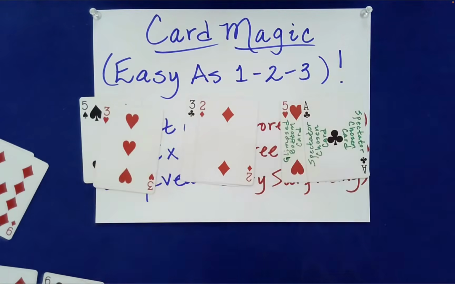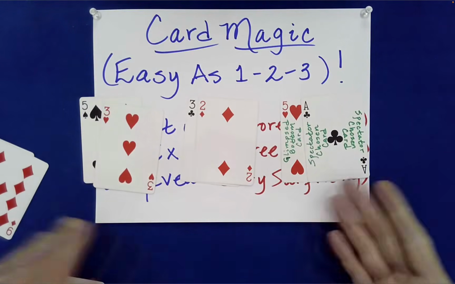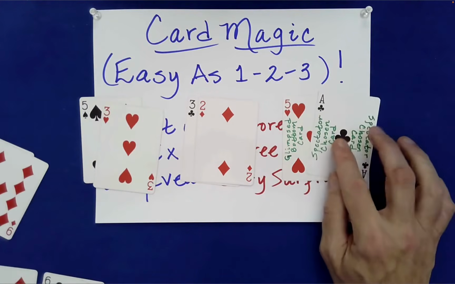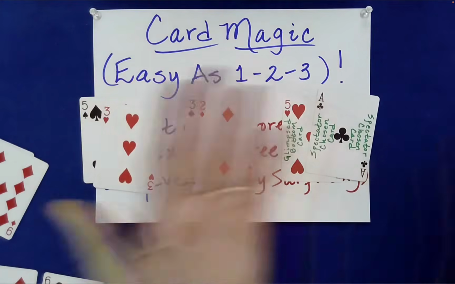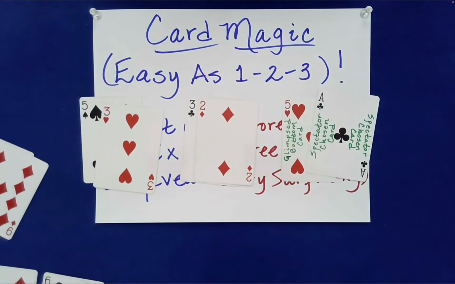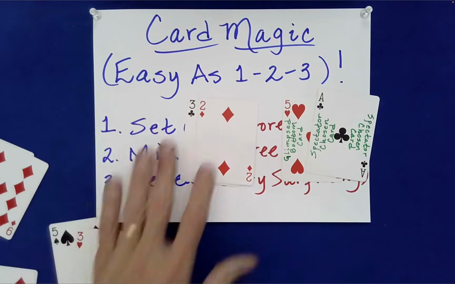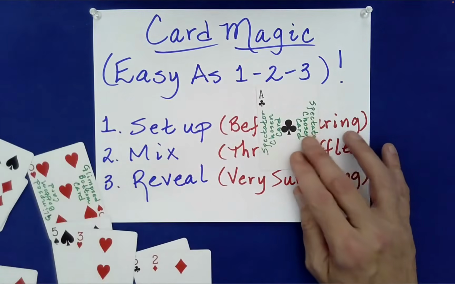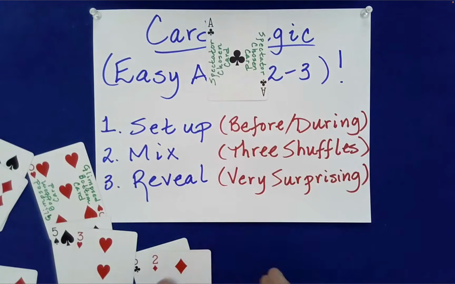Those are pretty low. I don't think it's a number card. How's that possible? I mean, these are all numbered cards, right? Aren't these all numbered cards? They're not? Oh, well, I guess that's true, actually. An ace is technically not, it's an A, right? It's a letter of the alphabet. It stands for ace. So I don't think it's any of these. And this is a numbered card, so it's got to be this one. Am I right? Is that your card?